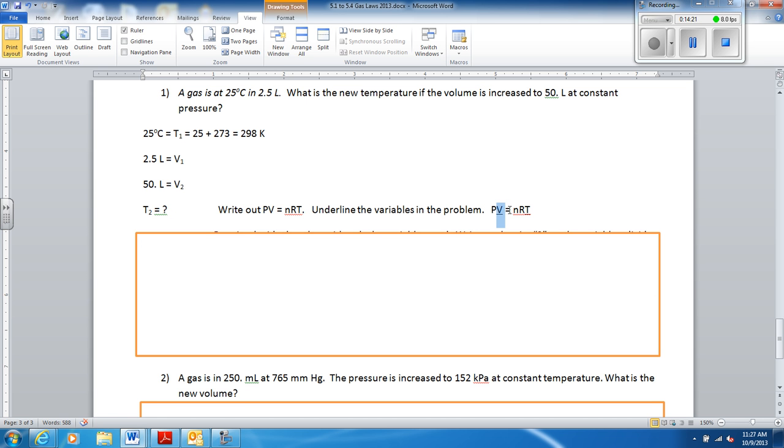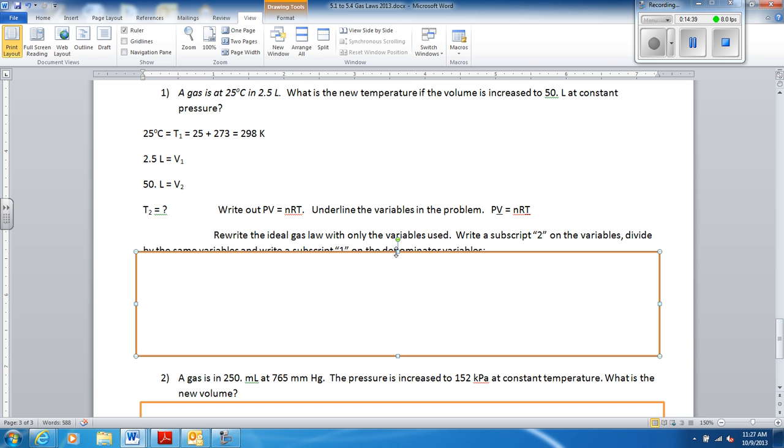Our variables are volume and temperature. Anyway, the T is underlined and the V is underlined. So I'm going to rewrite the gas law with just the underlined variables.